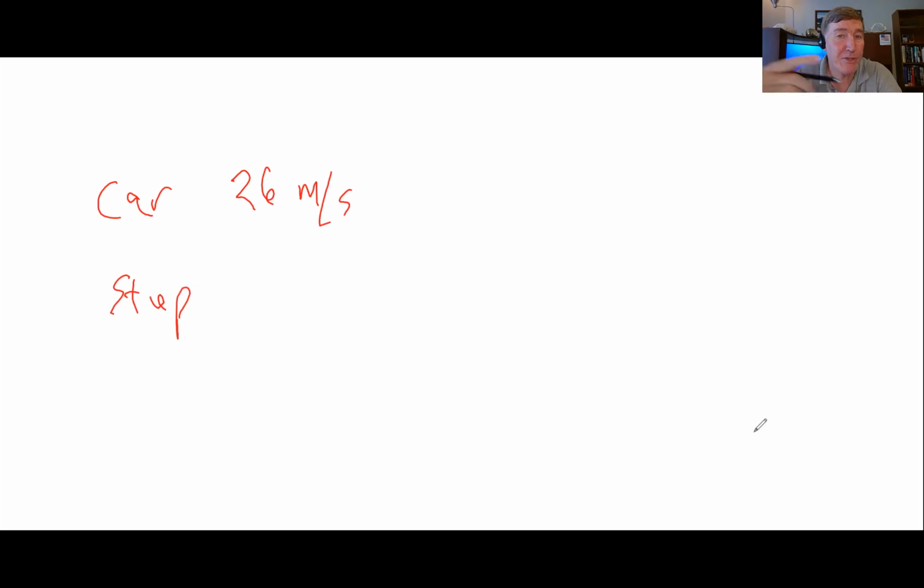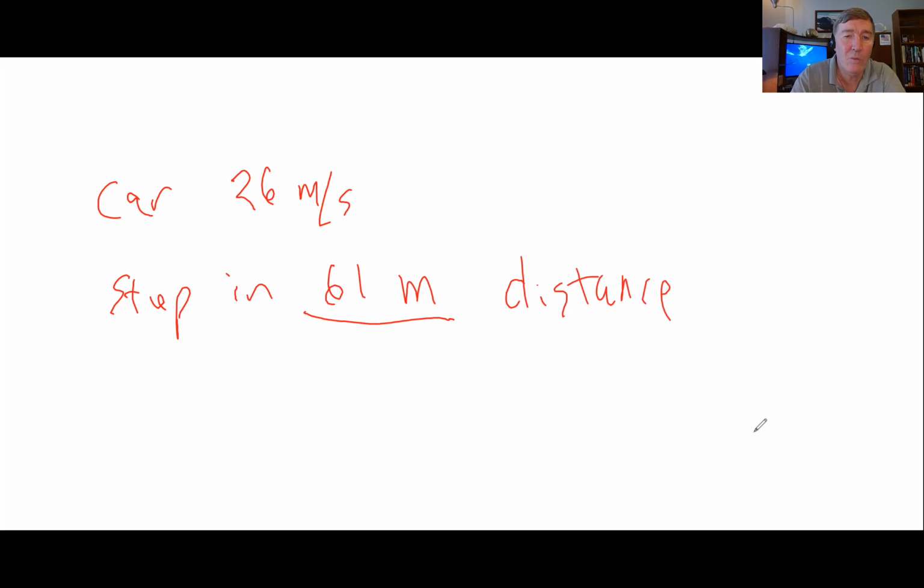If we measure the distance that it took to stop, let's say that it stopped in 61 meters. So that means from the time when the driver first hit the brake until the time that the car came to a stop, it moved a distance of 61 meters. So I want to know, what is the rate of acceleration?